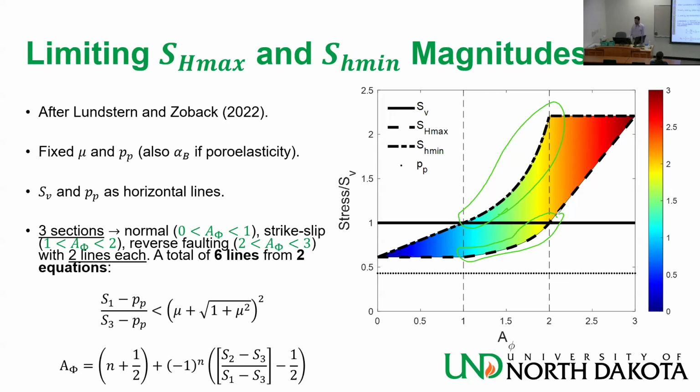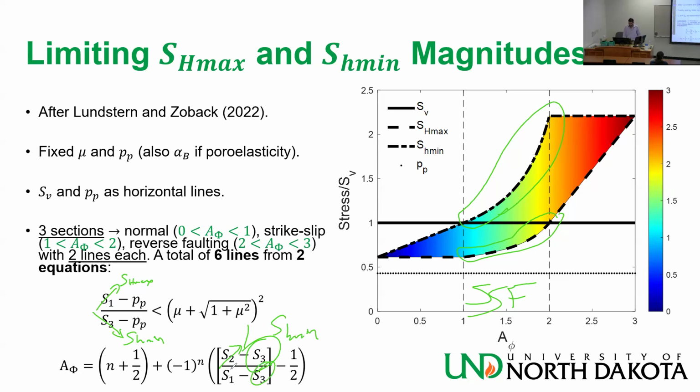It's a strike slip faulting, so S1 is SH max, S3 is SH mean, so 2 unknowns. The other side is constants, pore pressure is constant, and at the bottom you have S2 is basically SV, 1 PSI per foot, right? Which is known. S3 is unknown, SH mean.